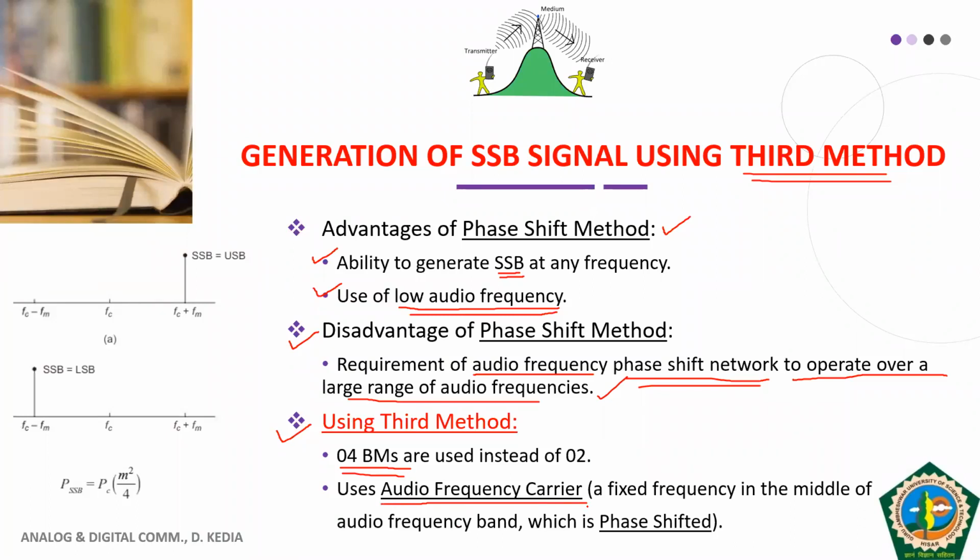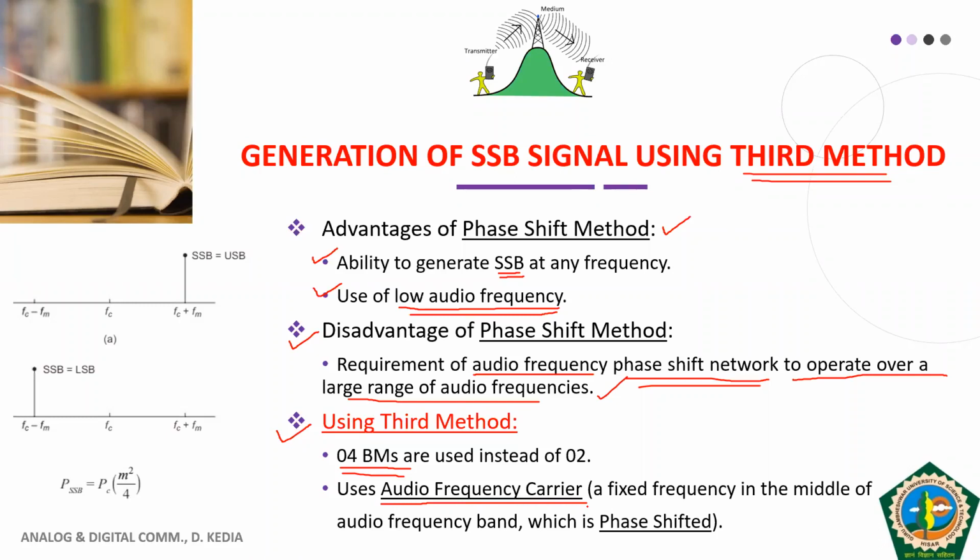So how do we define a carrier? I told you that a carrier is a high frequency signal which could carry our signal from one place to another. When I say audio frequency carrier, this is not a high frequency carrier.